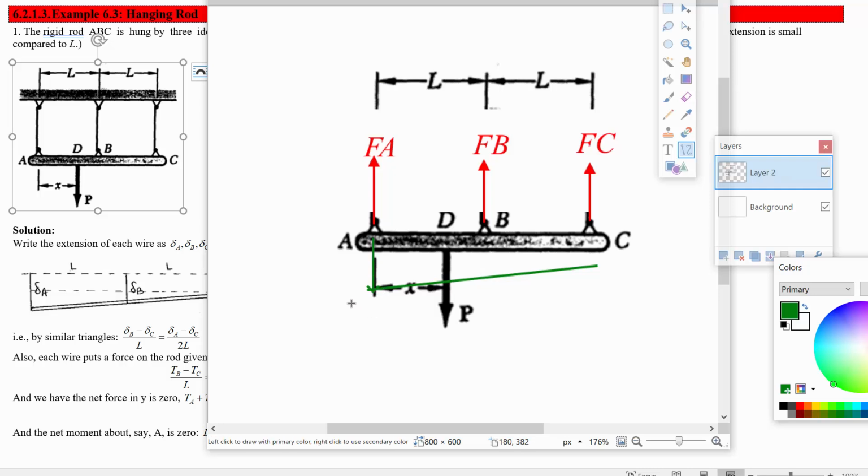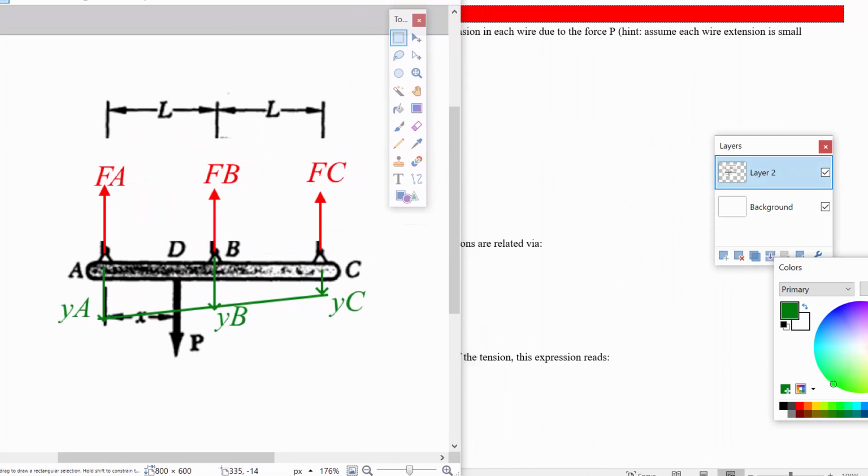So maybe we'll call this YA, measuring Y in the downward direction, sure, YB, and YC over here. Okay, so with this drawing, we can now write some relationships between all of these different things.